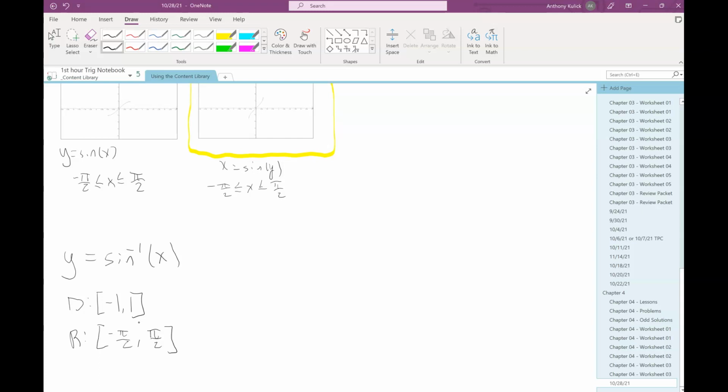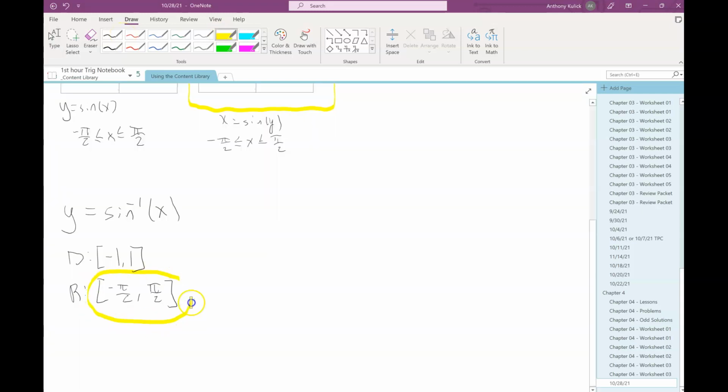So one little issue here. If I look at this range of values, we think back to our unit circle. -π/2 is down here, and +π/2 is right here.